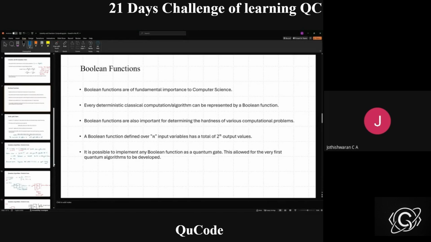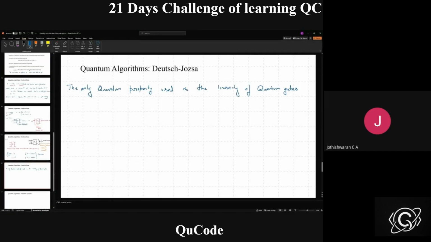But David Deutsch and Richard Jozsa discovered that in quantum computing, the evaluation of sigma y of x can be done with a single quantum query.